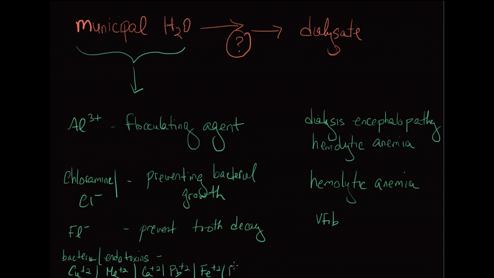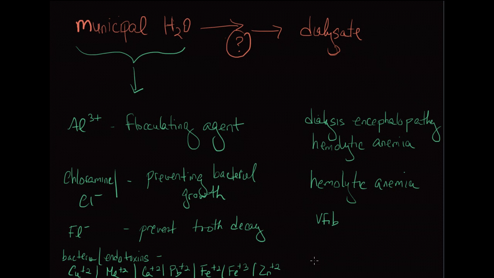And this is probably just general ions that you get, especially if your municipal water comes from well water, or if your municipal water is in a city that uses lead-based pipes, which is very rare in the Western world. But copper and another ion, zinc, is commonly used to line the pipes that deliver water to our homes. And so these species can all get into municipal water. They have to be removed when we make dialysate.